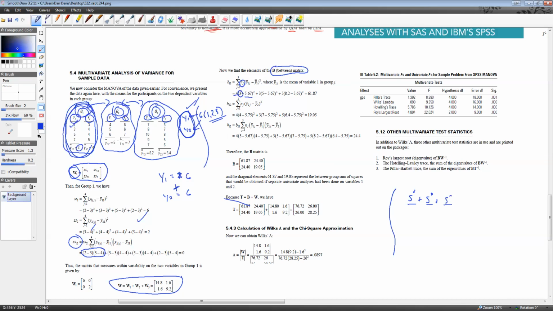Unfortunately, you cannot go 3 plus 5 plus 8.2 divided by 3, because you have unequal n per group. So the way this 5.67 is computed is 2 plus 3 plus 5 plus 2 plus 4 plus 5 plus 6 plus 7, 8, 10, 9, 7 divided by the total number of data points that went into that sum. And that's how we're getting the 5.67.